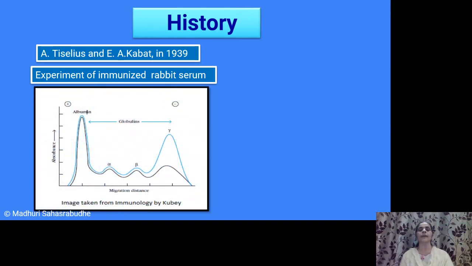Then they got its separation in the form of two major fractions, one is albumin fraction and second is globulin fraction. The globulin, as we see in the diagram, is separated into three different parts as alpha fraction, beta fraction and gamma fraction.